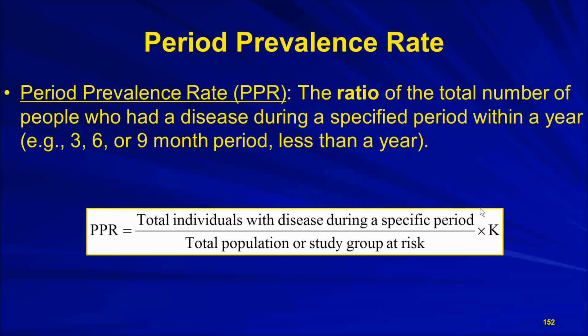But generally that's not the case. And since I said period prevalence rate, we're talking about division and multiplication. So we want to know the total individuals with a disease during a specified time period, and we said it could be a 3, 6, or 9-month period. Anything short of a year. Okay?